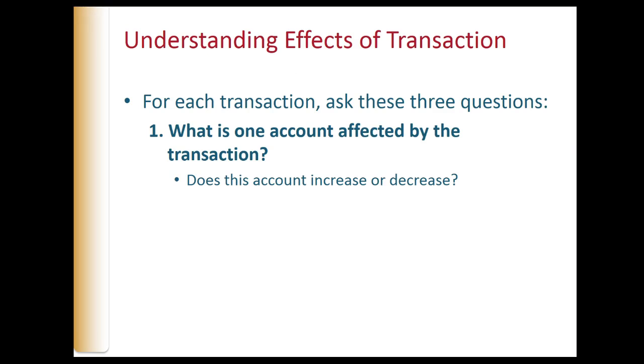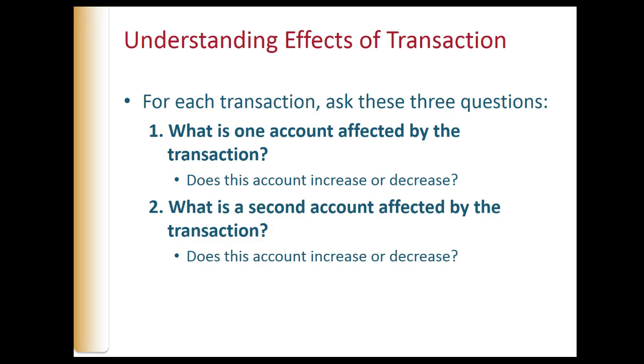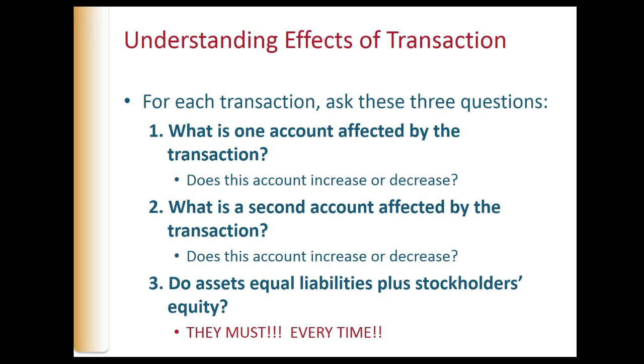Next we're going to go to understanding the effects of transactions. So you have to ask yourself certain questions. What is one account in this equation that's affected by this transaction? And if I do this, is this account going to increase or decrease? And then we ask, what's the second account that is going to be affected in the accounting equation? And is that account increasing or decreasing?